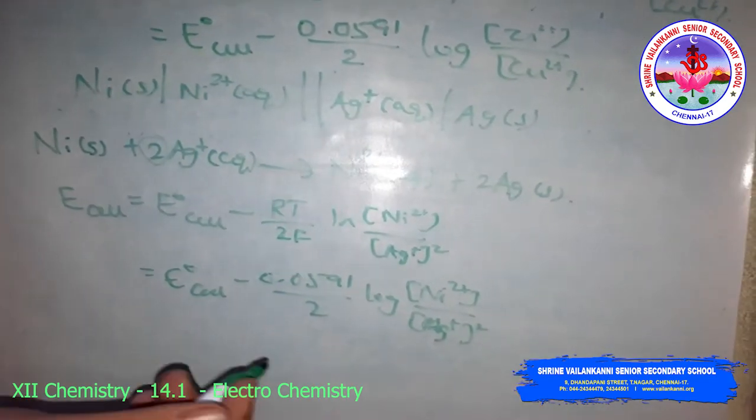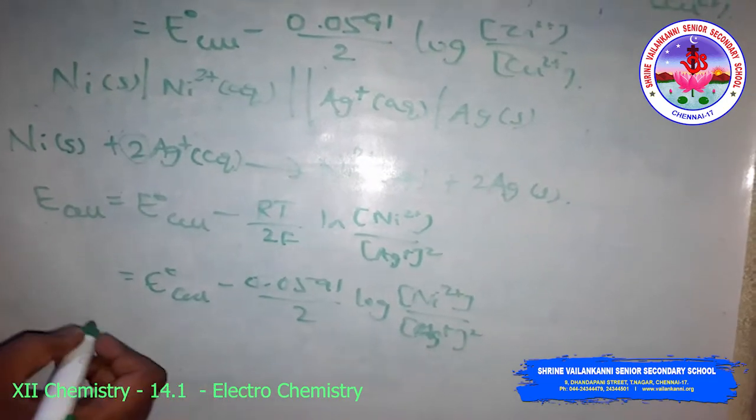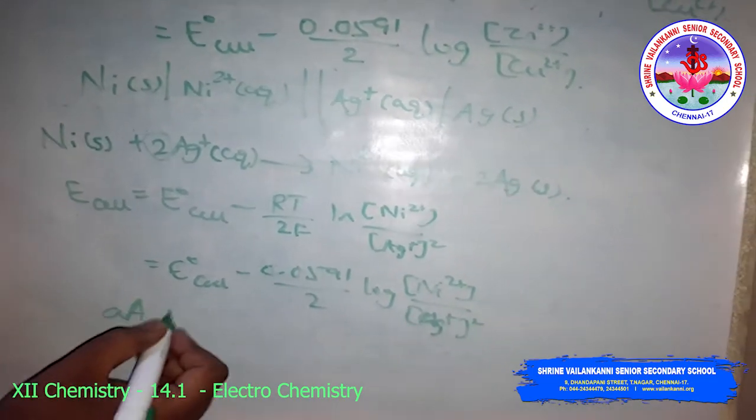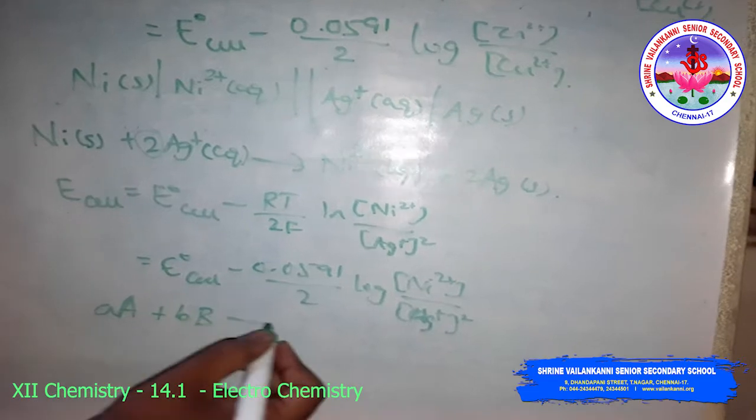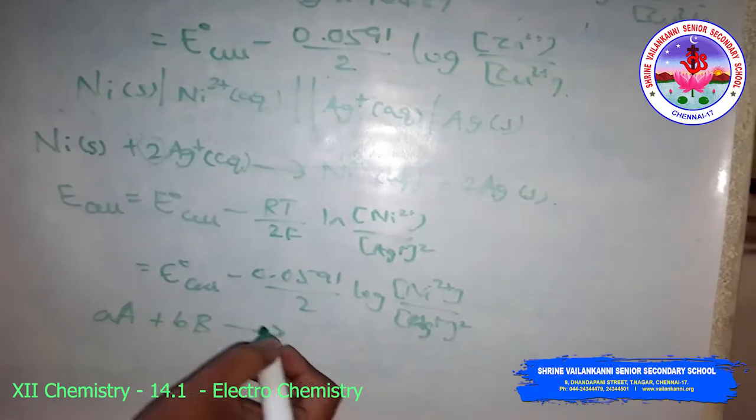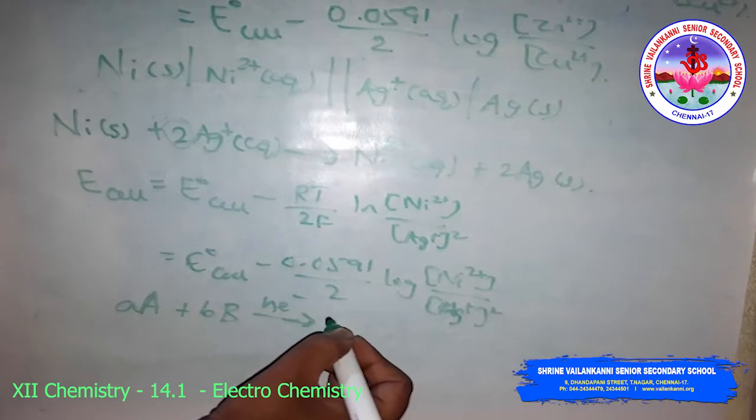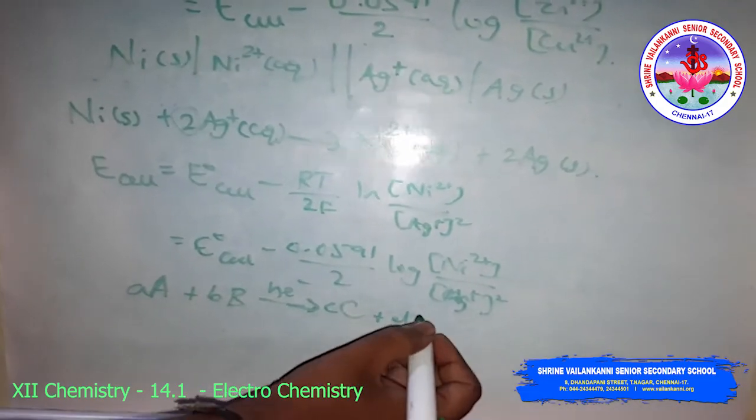Okay, in a general electrochemical cell reaction, you already know that aA plus bB gives, with n electrons, cC plus dD.